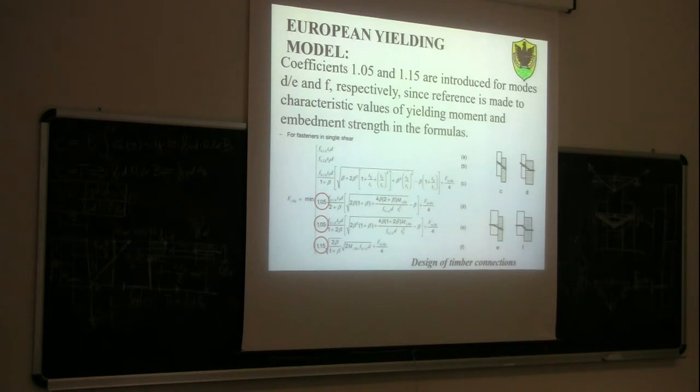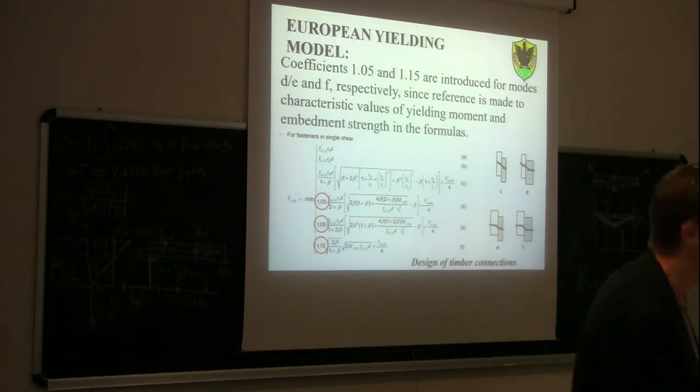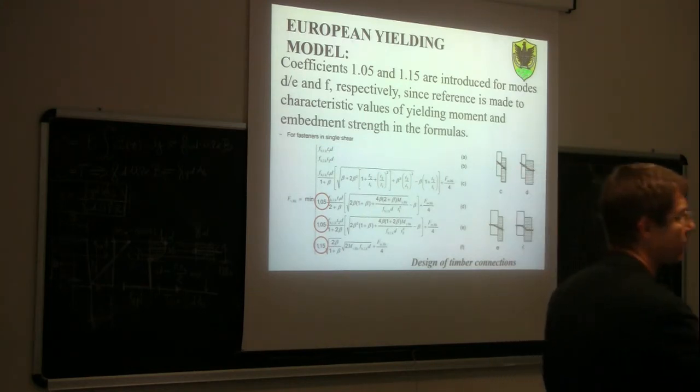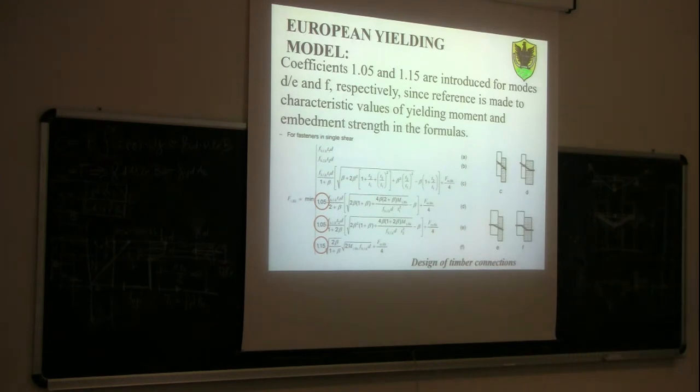If you look at 1 divided by 4, it equals 0.25. 0.25 is more or less the friction coefficient. So it's a kind of conservative estimation of the friction coefficient between wood and wood. The mean value of the friction coefficient between wood and wood is around 0.4. Here, conservatively, they use the characteristic value, which is 0.25, namely 1/4. So this F_ax,Rk divided by 4 is basically μ times F_ax,Rk. So this is what is called rope effect.